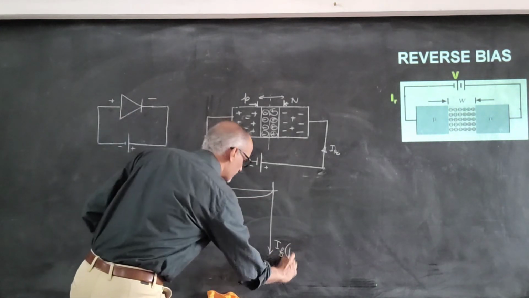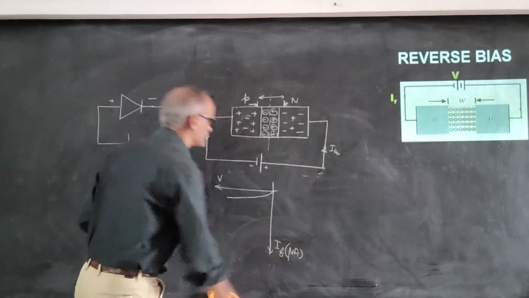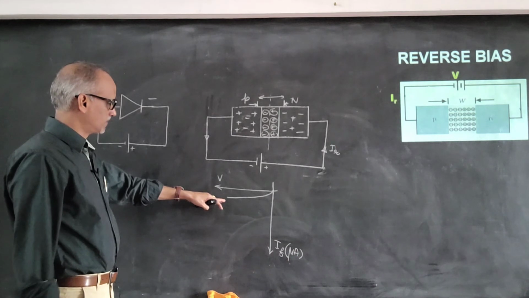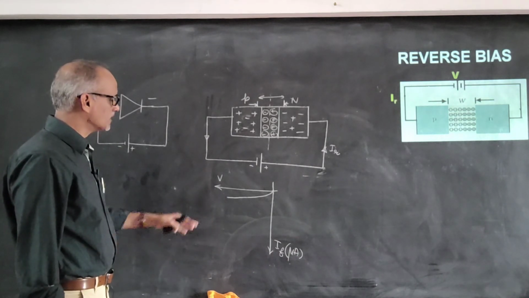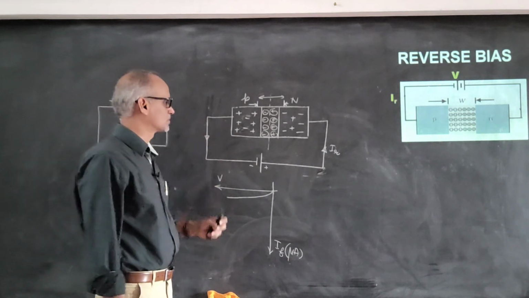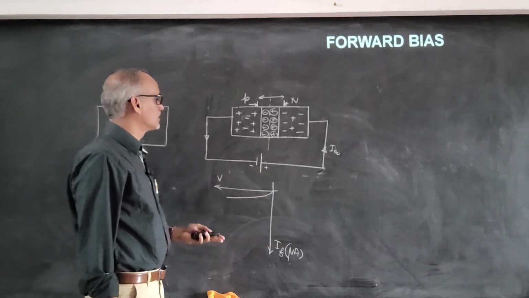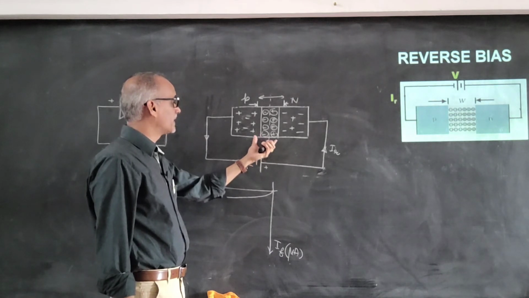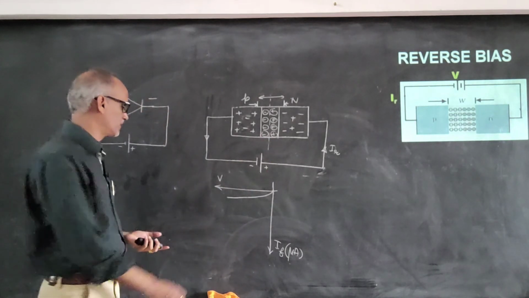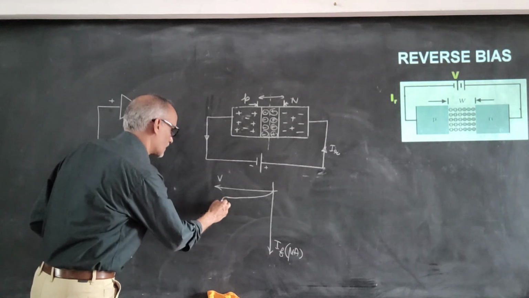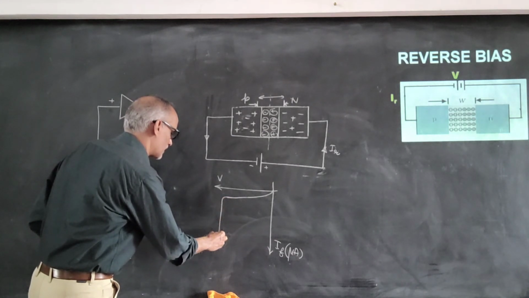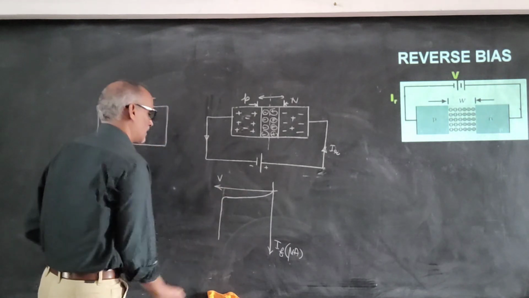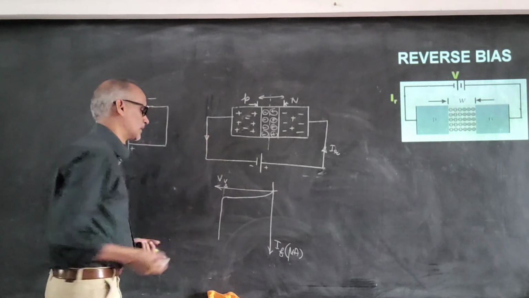It is of the order of microampere, and this is the kind of current that we get. But later, once we go on increasing the voltage, the junction breakdown takes place, and due to this the current rises sharply at a particular voltage, called the breakdown voltage.